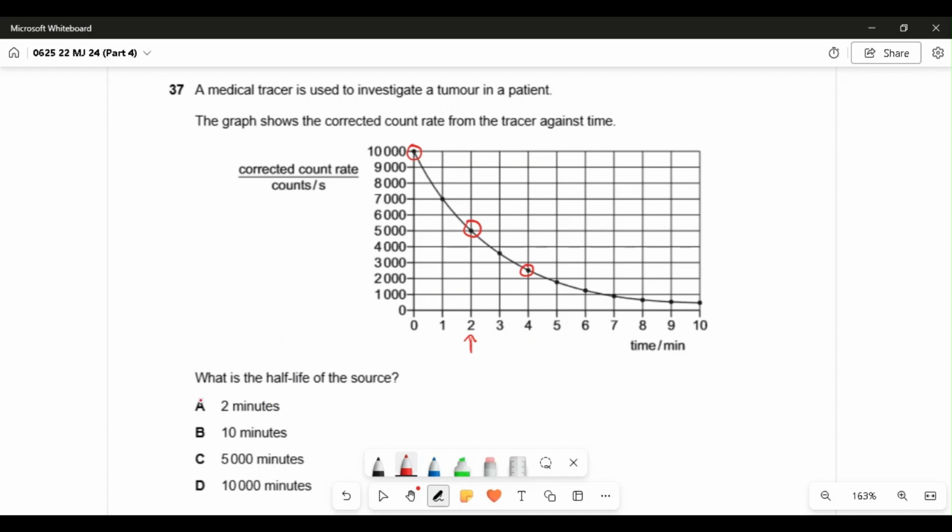So the time is taken in minutes. You have 10,000 counts initially. After 2 minutes it's 5,000 counts, after 4 minutes it's 2,500, after 6 minutes it's 1,250, and so on. So answer A is the right choice.